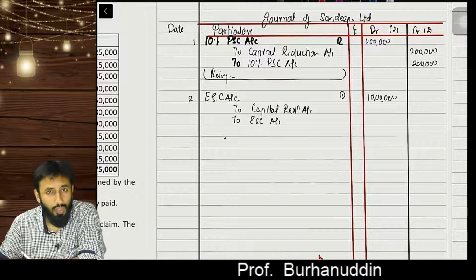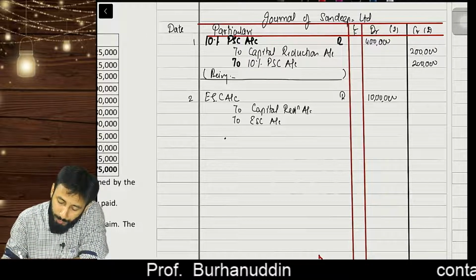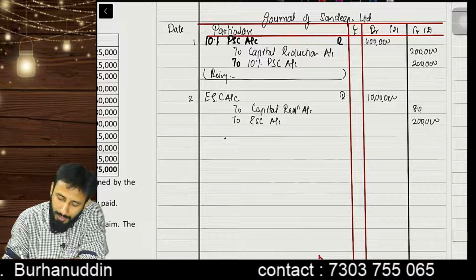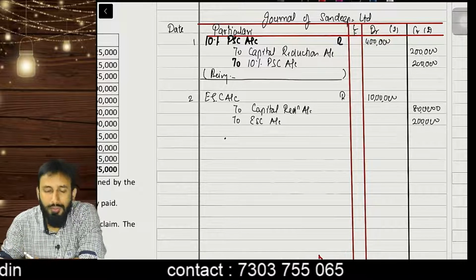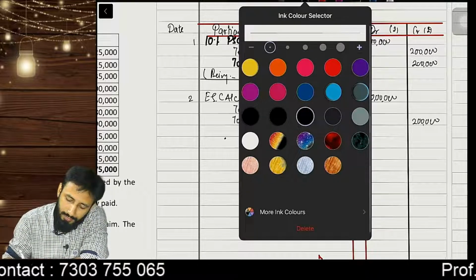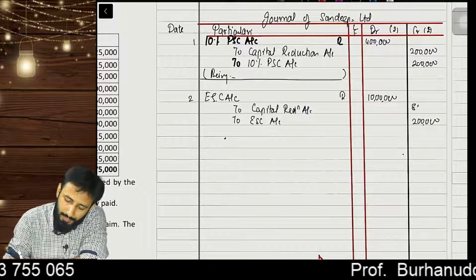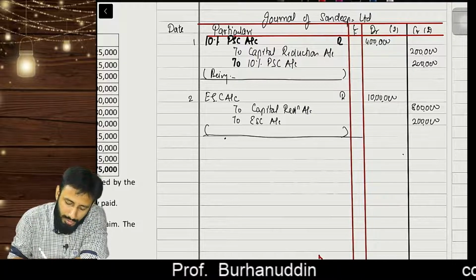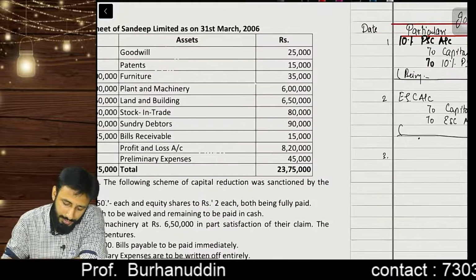Equity share was of 10 lakhs and I'm giving them 2 rupees, so I'm giving them 2 lakh rupees, so I'm keeping with me 8 lakh rupees. Correct है? Do not forget to write the narration in each and every entry, guys.